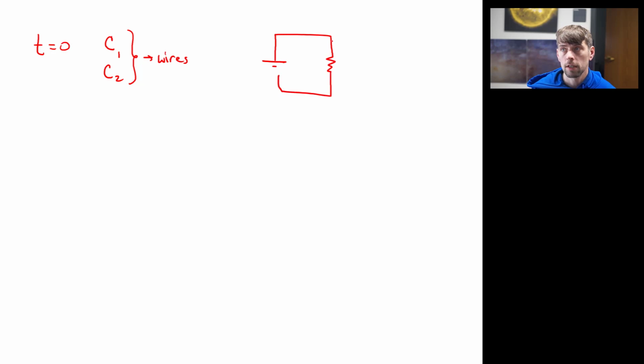Right? At time equals 0, the uncharged capacitor C1 and the uncharged capacitor C2 should both act like wires. In other words, for a brief instant, the circuit that I deal with can be modeled like this, where the capacitors are completely absent.